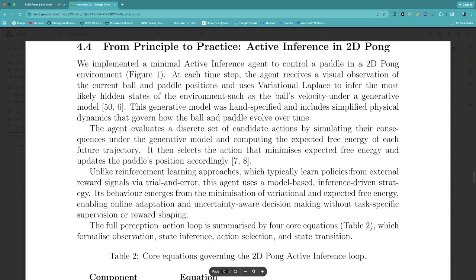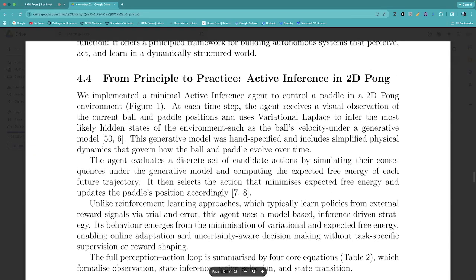They talk about active inference in 2D Pong, which I think is a good test case because it shows how you can take active inference agents and put them into the world, although that's a pretty basic example. So they implemented a minimal active inference agent to control a paddle in a 2D Pong environment.